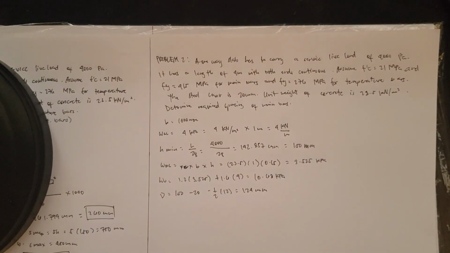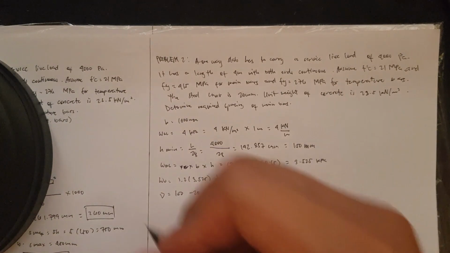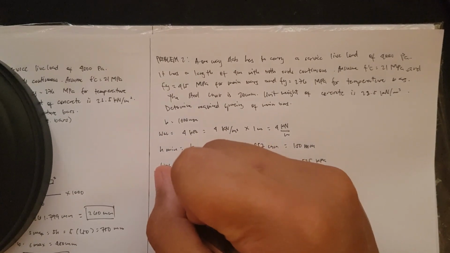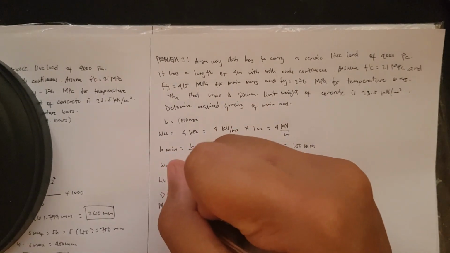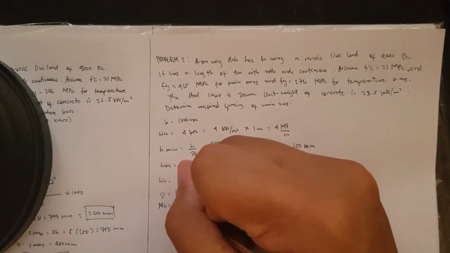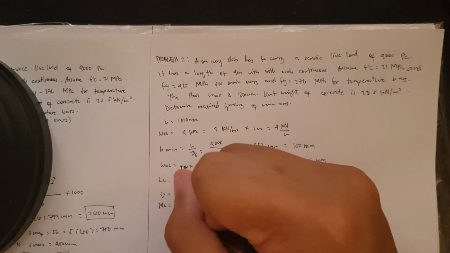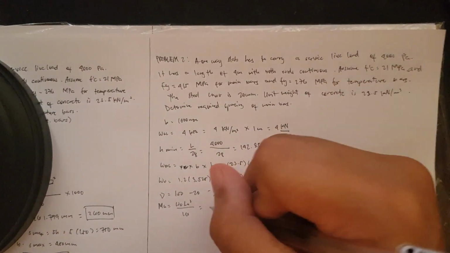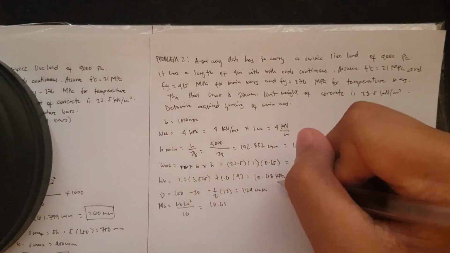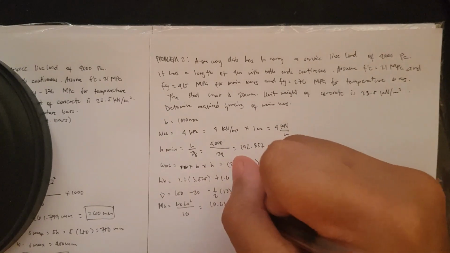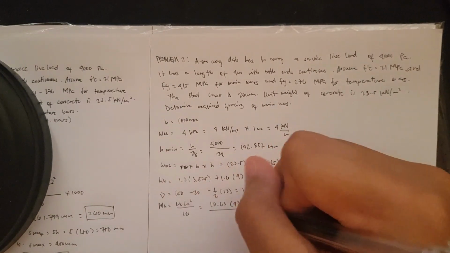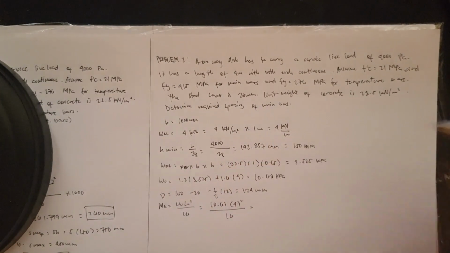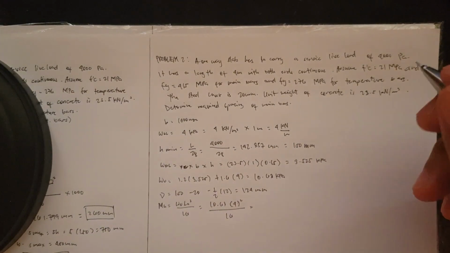So calculate naman ngayon natin yung midspan natin sa ultimate moment. So Mu is equal to formula natin dyan Wu ln squared all over 16. So Wu natin, yung nakuha natin kanina is 10.63 times 4 squared all over 16.